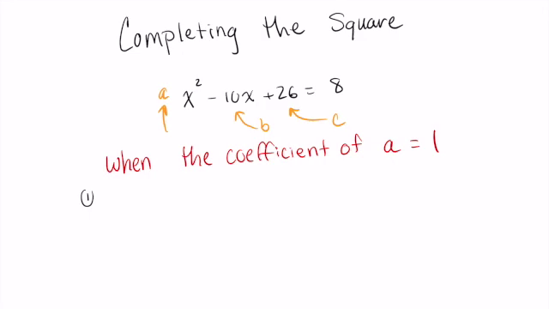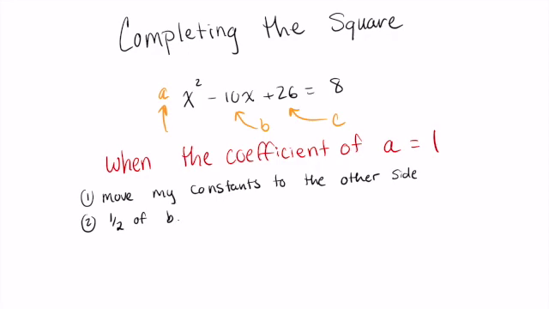My first step is I'm going to move my constants to the other side, away from x. Step 2, I'm going to take half of my b term, square it, and then add that number to both sides.